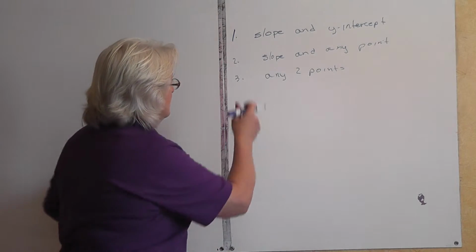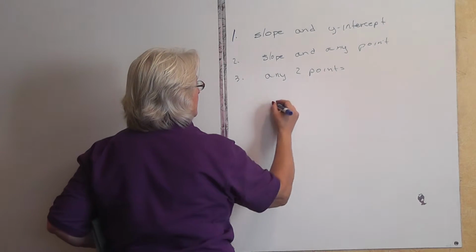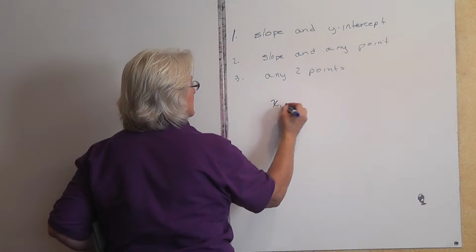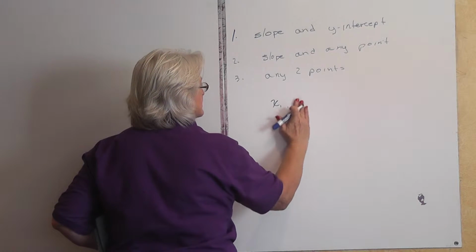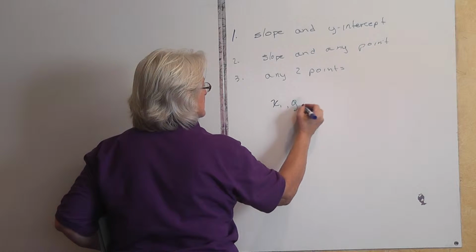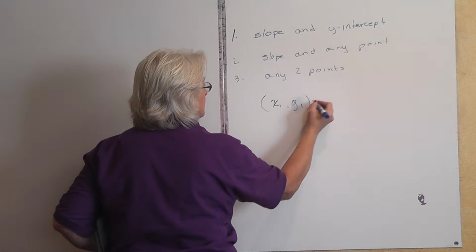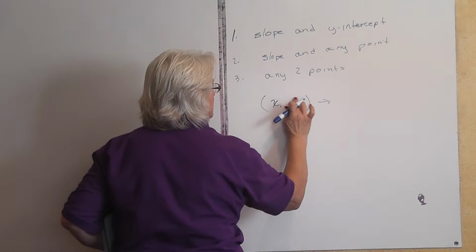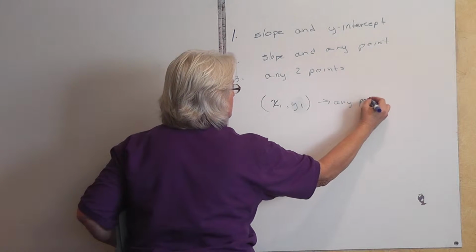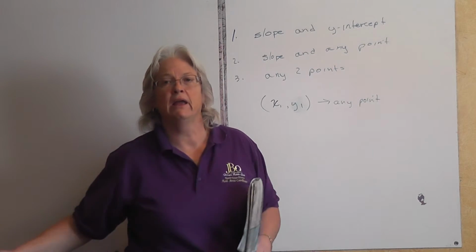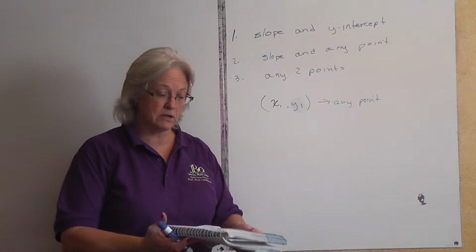So what we're going to do is say this is any point. We don't know what that any point is, but we're just going to call it the point (x sub 1, y sub 1). And that is just any point. And how are we going to come up with slope?